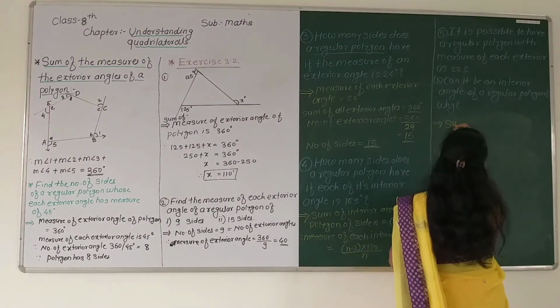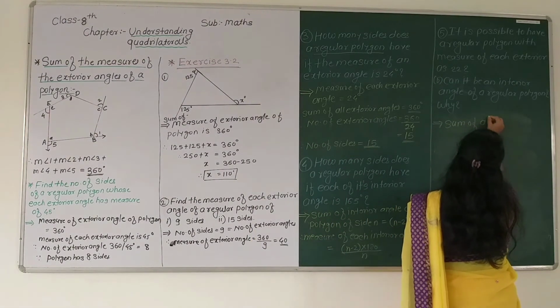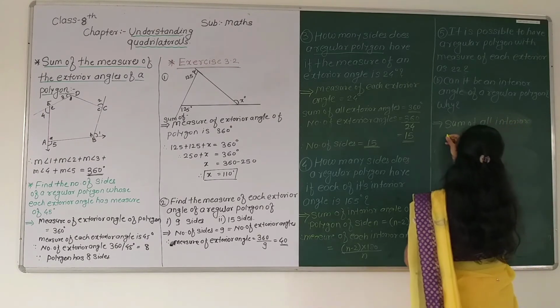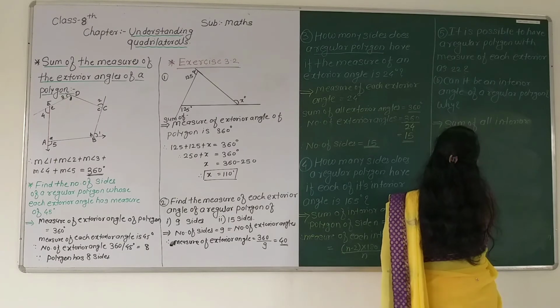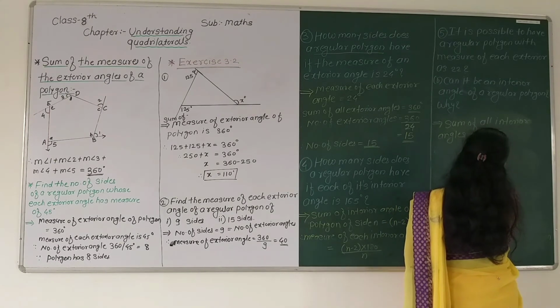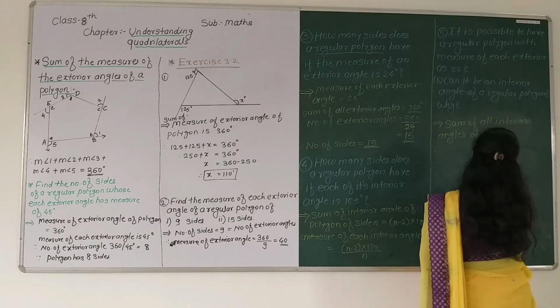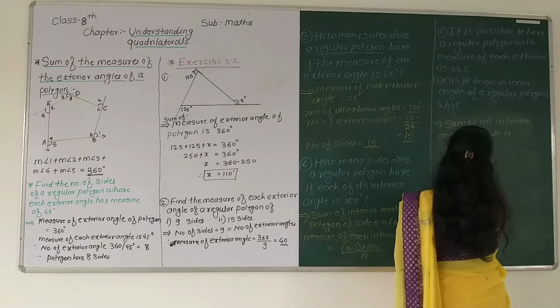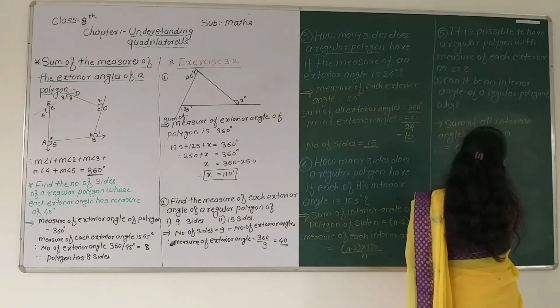For a polygon having n sides, the sum of all interior angles is (n minus 2) into 180 degrees.